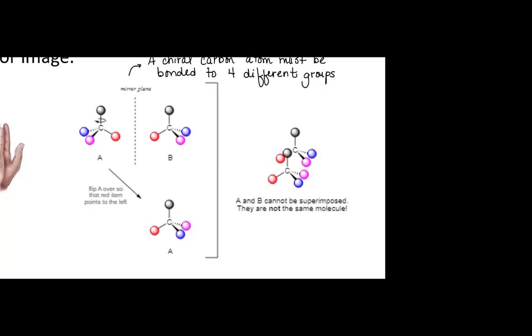So they are not the same molecule. So when you have 2 molecules that are each chiral, they're mirror images of each other, and they are not superimposable, that means that they are enantiomers of each other.